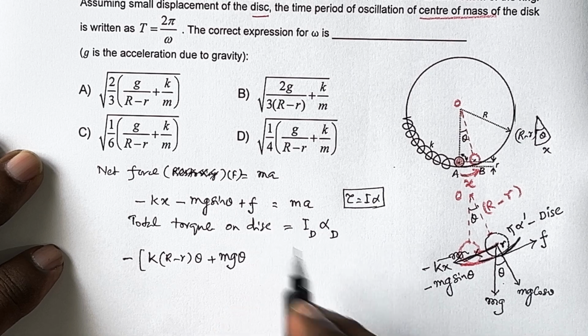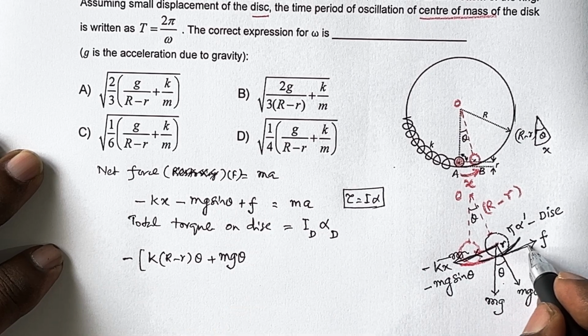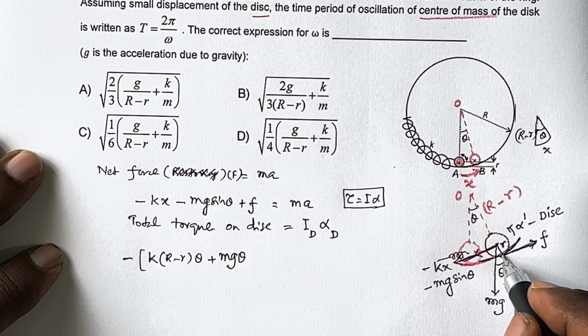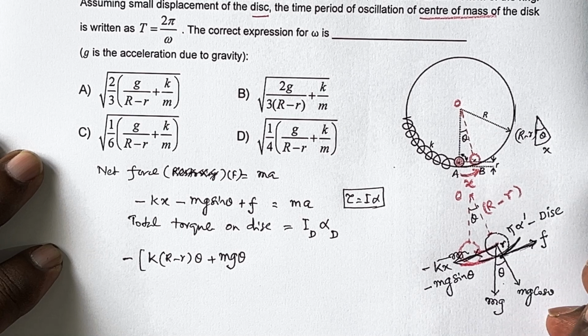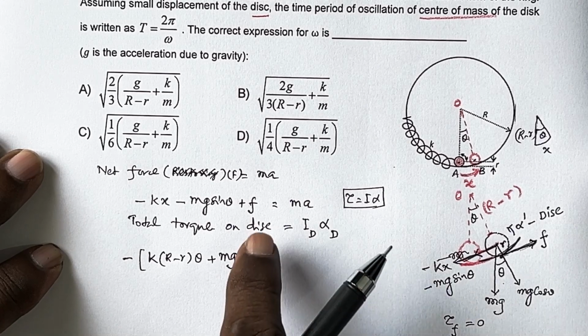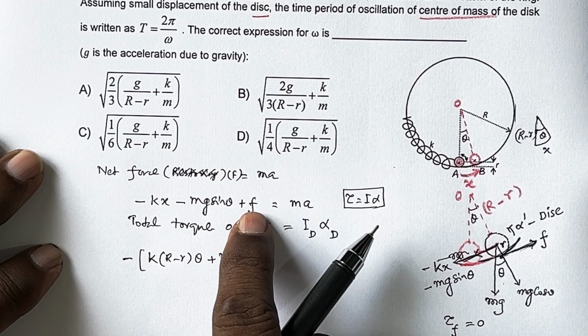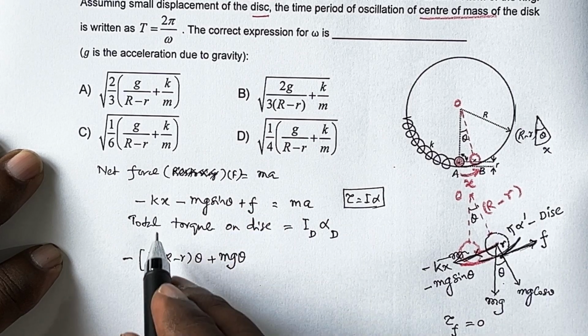See the torque of the frictional force. The frictional force is acting along the axis of rotation, and about the axis of rotation, the torque of any force acting there is equal to 0. So the torque due to the frictional force is 0. What is the formula for torque?